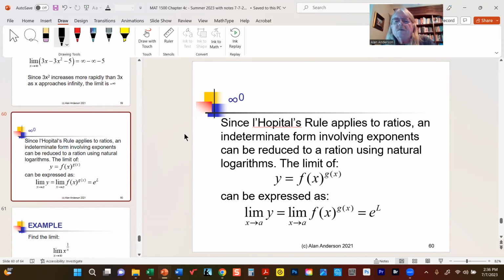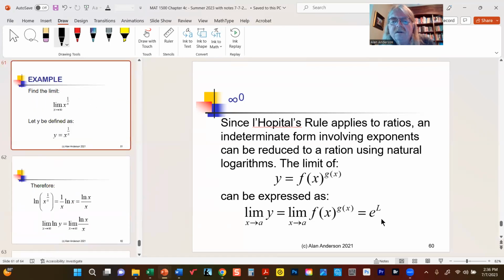So L'Hopital's rule applies to ratios. So an indeterminate form involving exponents could be rewritten as a natural log. So we're going to try that. The limit of y equals f of x to the g of x power. We're going to rewrite it as e to the L power.